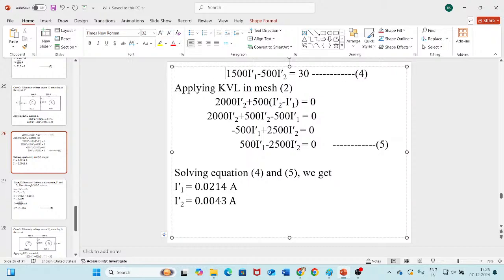So we have two equations here, equation 4 and equation 5. This is it: 500 I1 dash minus 2500 I2 dash equal to 0 is equation 5, and 1500 I1 dash minus 500 I2 dash equal to 30 is equation 4. Just solve equation 4 and 5, you will get I1 dash value and I2 dash value.